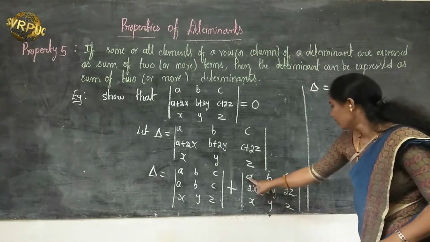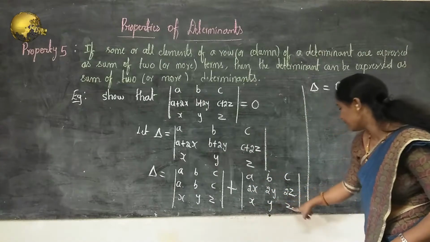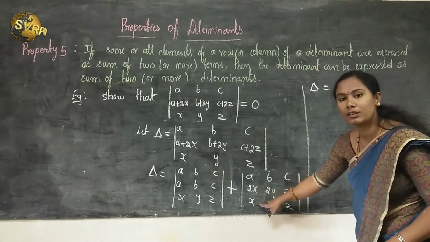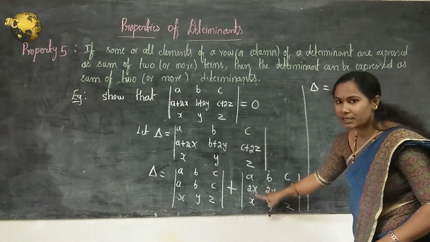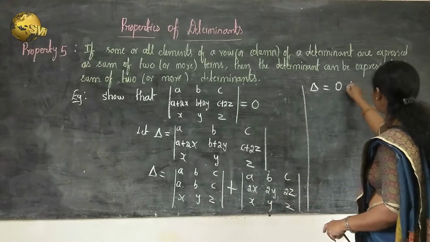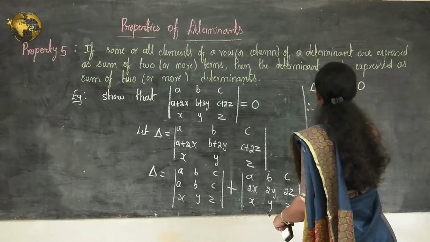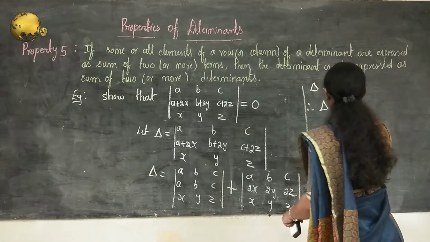Plus, see here, again A, B, C, 2x, 2y, 2z, x, y, z. In the second row and third row, the corresponding elements are proportional. So what is the value of delta? Again 0. So therefore, delta is equal to 0.